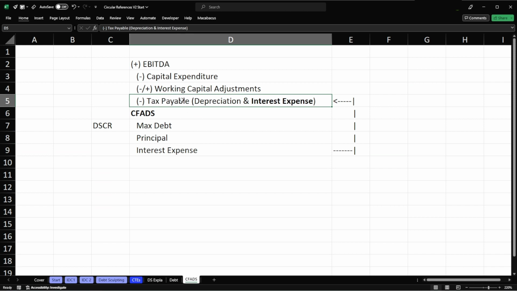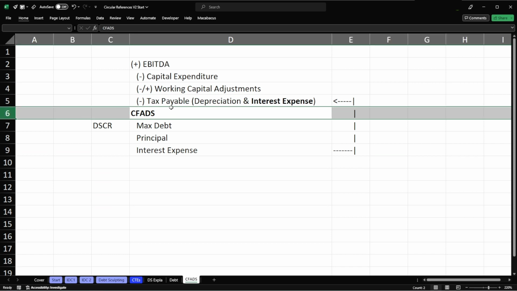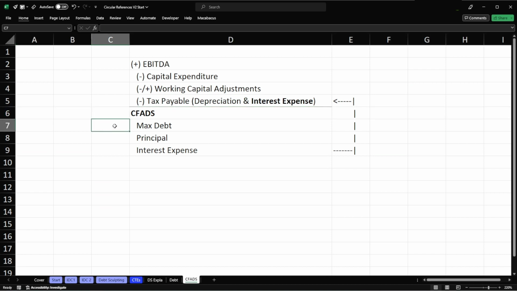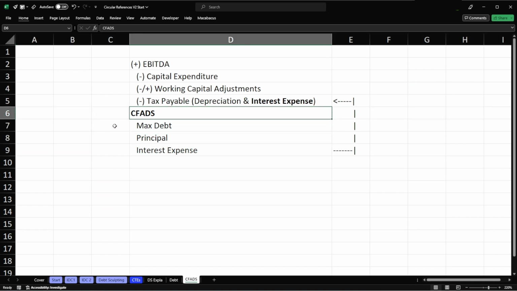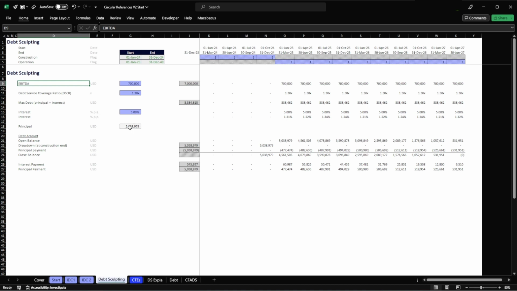And as you can see here, the circular reference comes up, because the lower your tax payable, the higher your CFADS. There's a loop here, and that's where the circular reference comes from. It comes from the interest expense, which is an input to the CFADS calculation and an output of the CFADS calculation. That's going to go back here to your debt sculpting, and we're going to do it in the proper way.